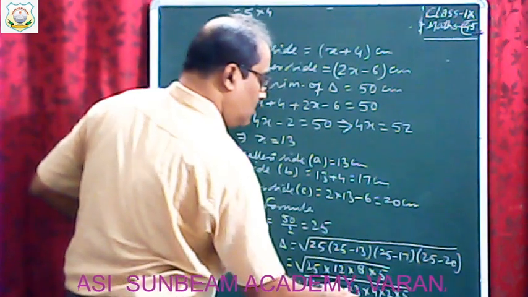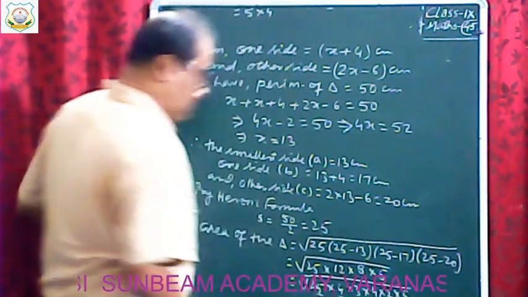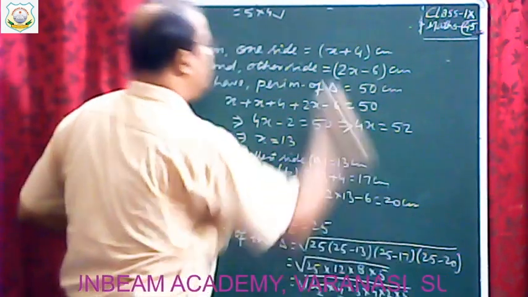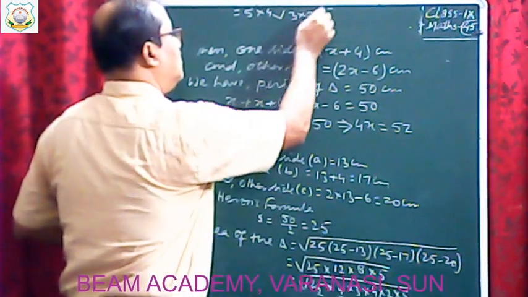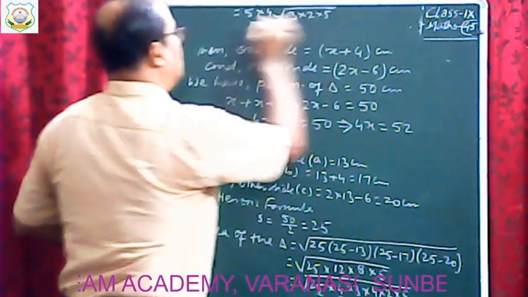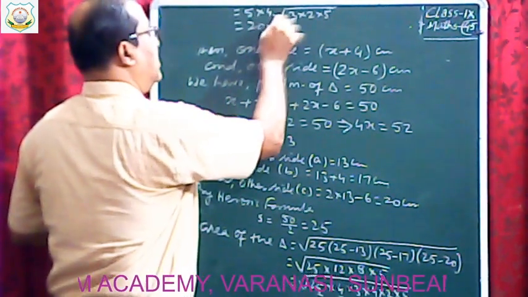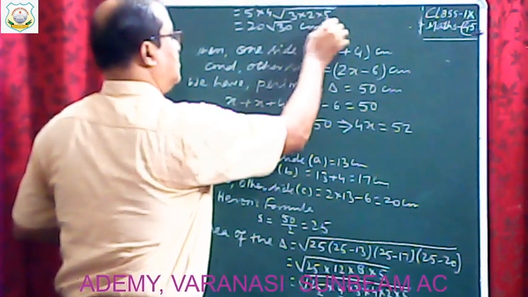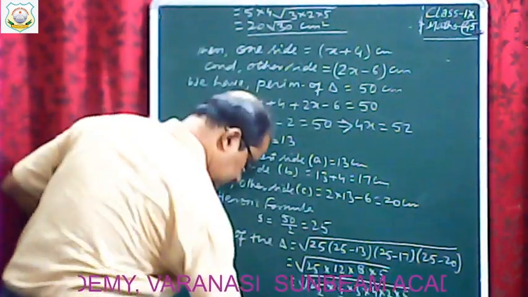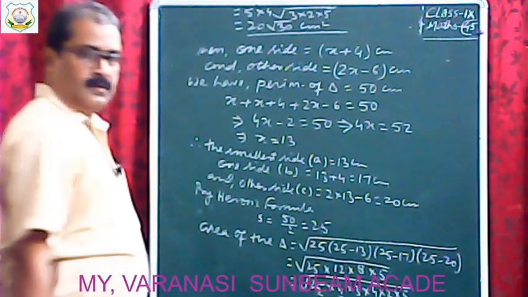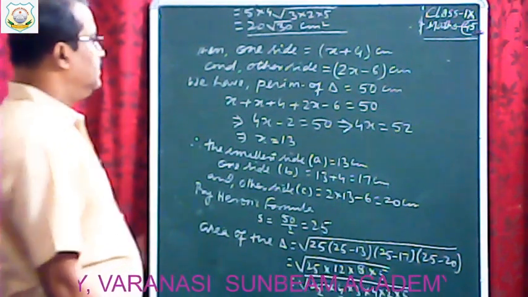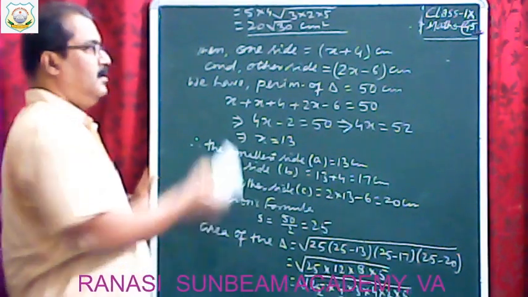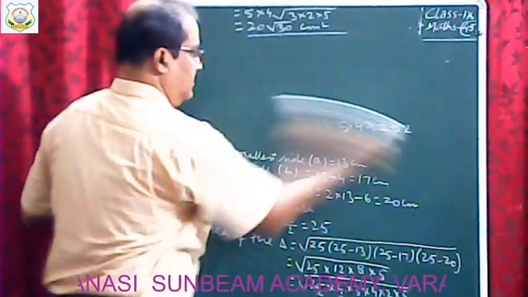This much only. Square root of 3 into 2 into 5. So finally 20 square root 30 centimeter square is your answer. Okay? Done everybody? Okay. Let's see next.